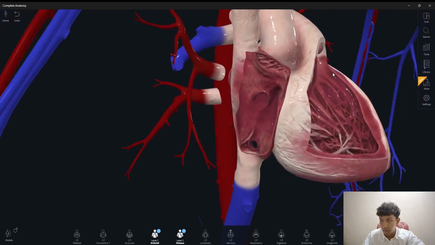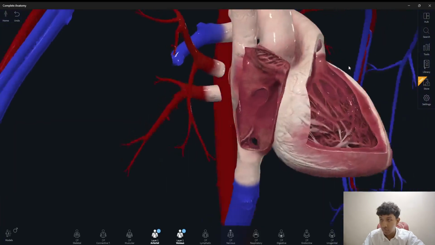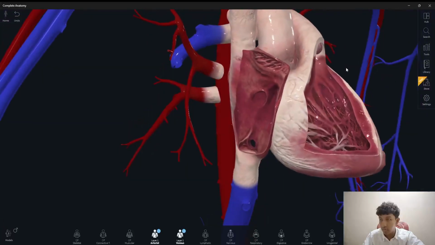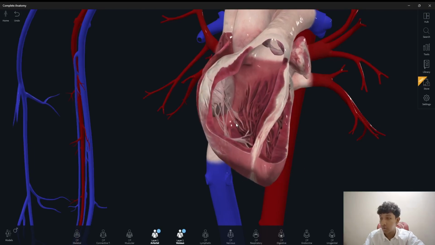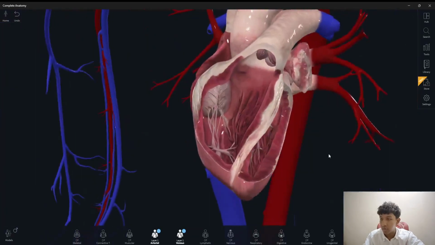From here, the blood goes from the dextra atrium all the way to the dextra ventricle. How does it go in from the dextra atrium to the dextra ventricle?